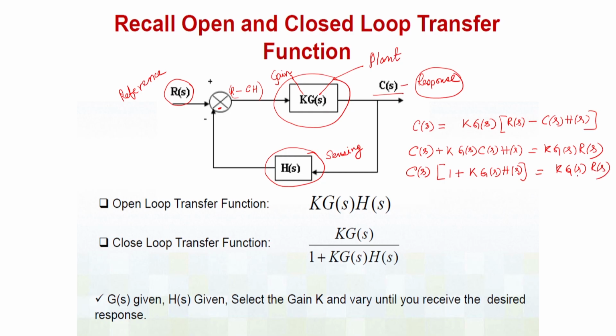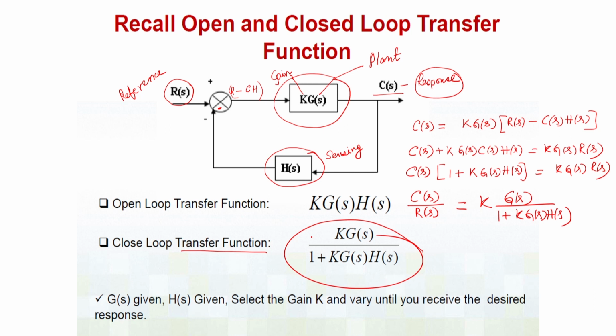In other words, the transfer function is always output over input, which will be C(s) over R(s), and that will be K G(s) over 1 plus K G(s) H(s), and that is the expression that I have told you here.